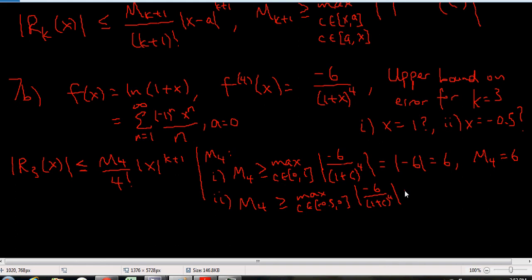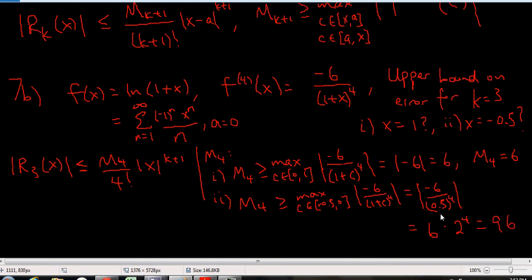And this is going to give me the absolute value of negative 6 over 0.5 to the 4. Or in other words, this just gives me 6 times 2 to the 4. And this gives me, what is it? 2 to the 4 is 16, so that gives me 96.